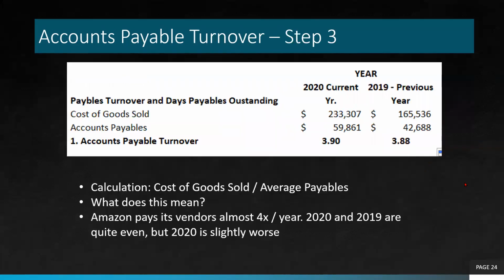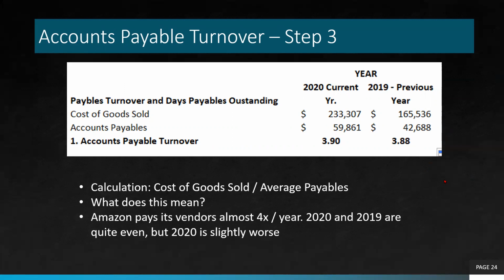And then I do the calculation, cost of goods sold divided by accounts payable. So as you can see in 2020, accounts payable turnover was 3.90, meaning almost 4 times a year Amazon makes payments to its vendors, which was pretty close to 2019.